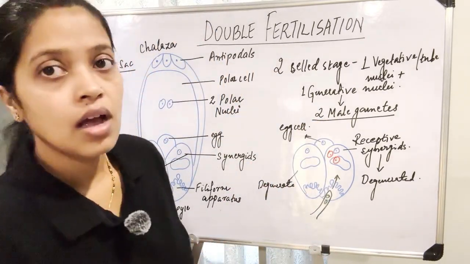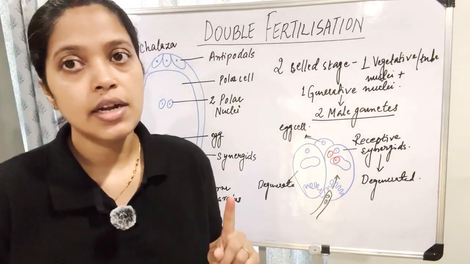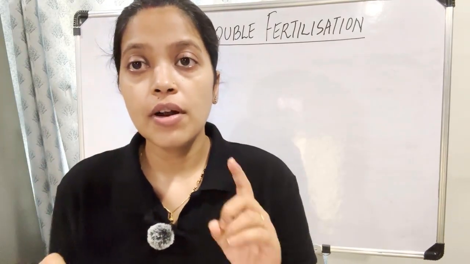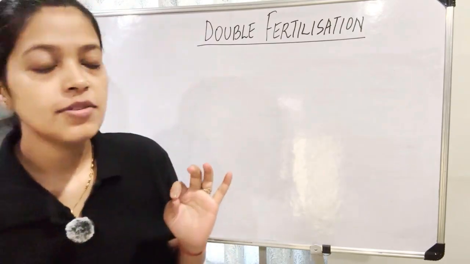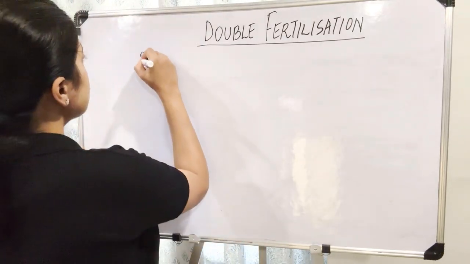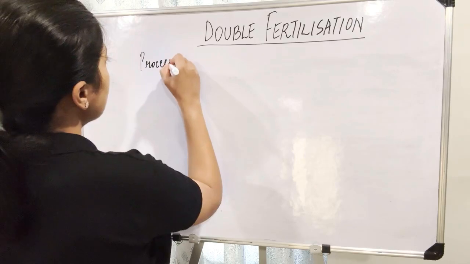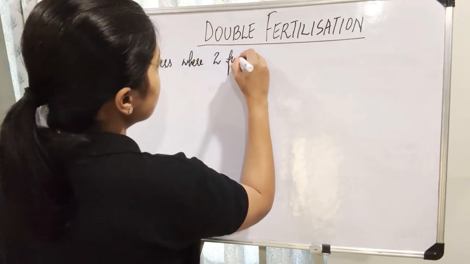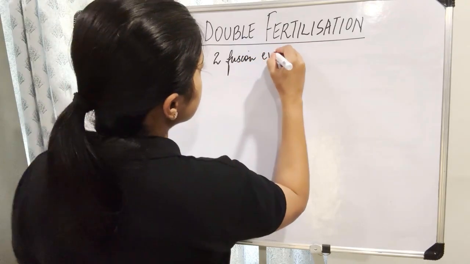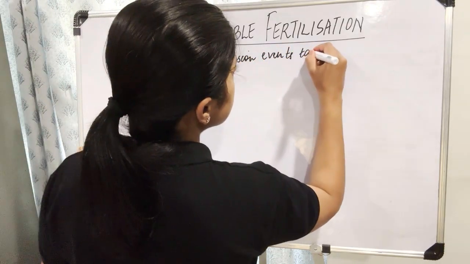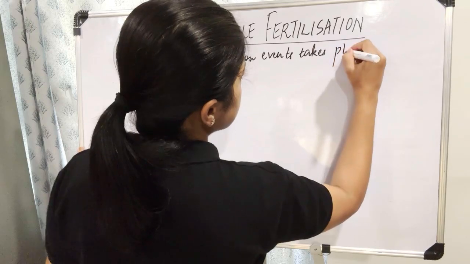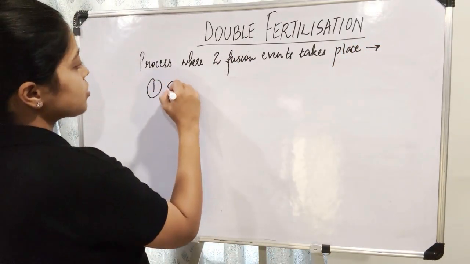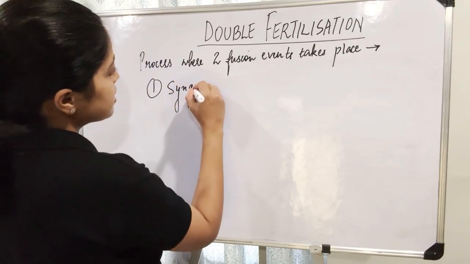Now we'll understand what happens during double fertilization. Double fertilization is a process where two fusion events take place. The first one is called syngamy.